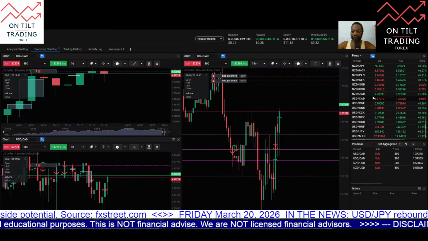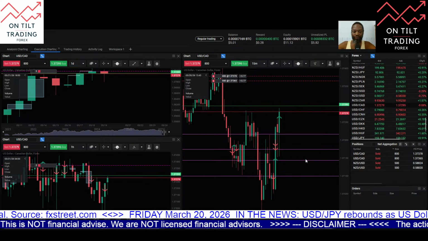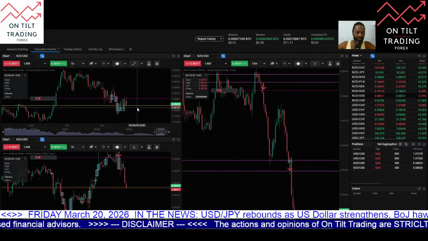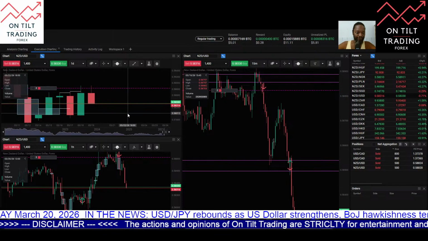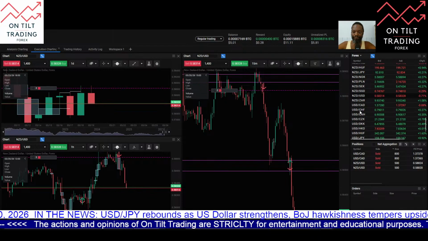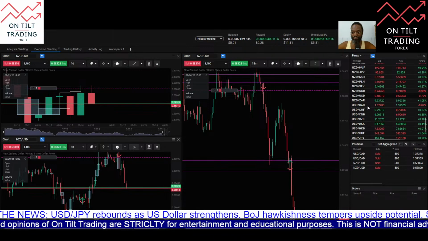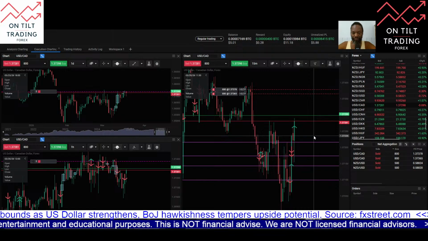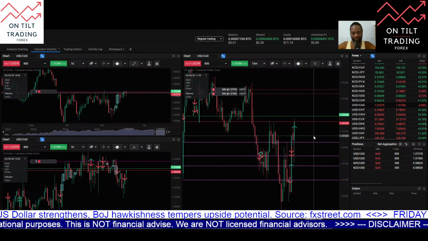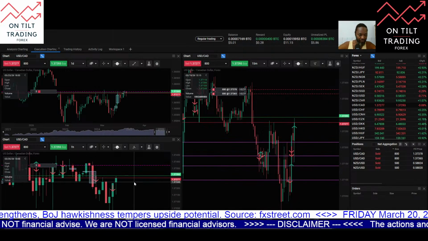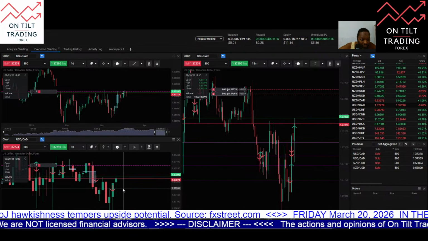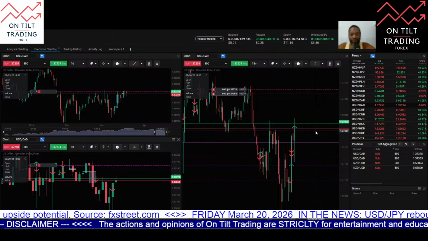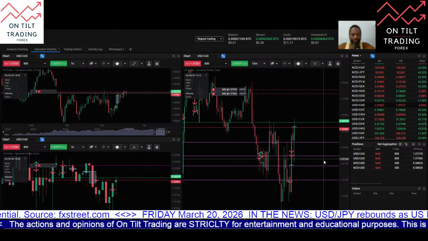Head back over to Kiwi dollar. Still selling nicely, so we'll let this run here. Back to dollar CAD, and we'll just see if this is continuation or if we are all done here.